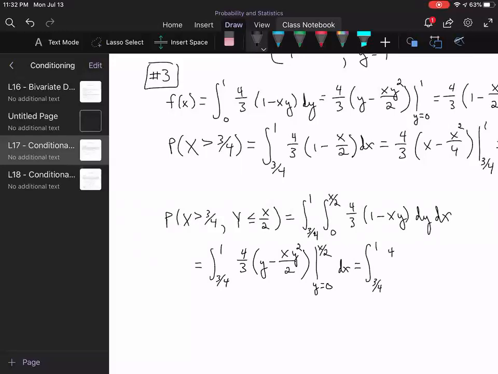And so when we evaluate this, we have 4/3. Y is going to be x over 2 minus 0, which is x over 2, minus an x over 2 times the y squared term, which is x squared over 4 minus 0. So x squared over 4.